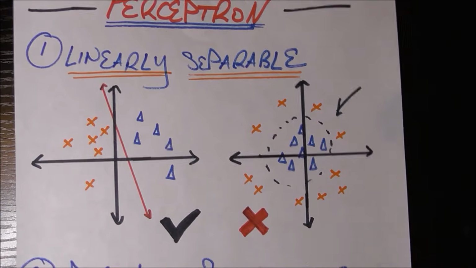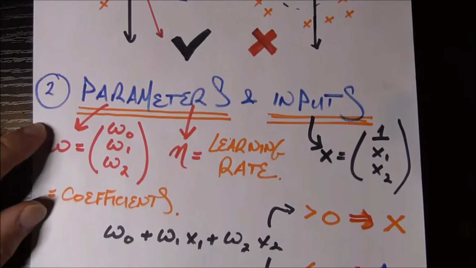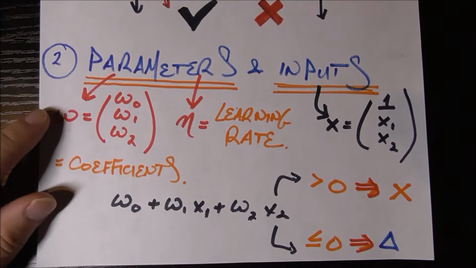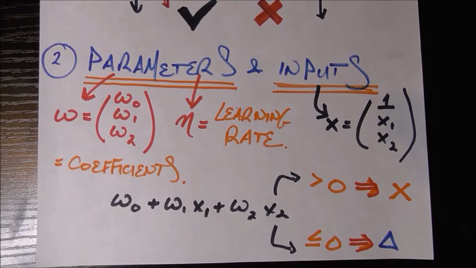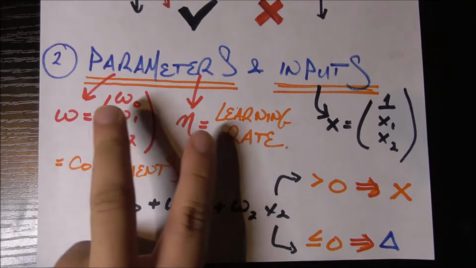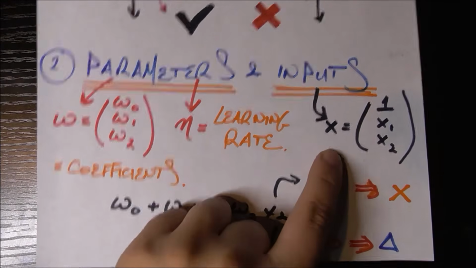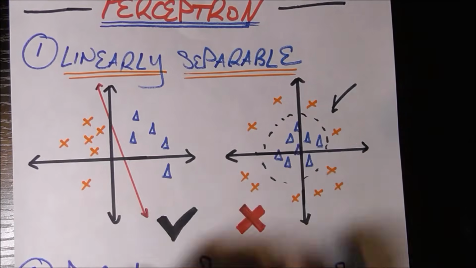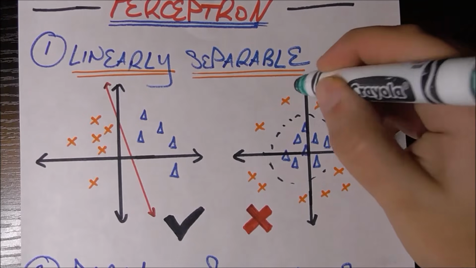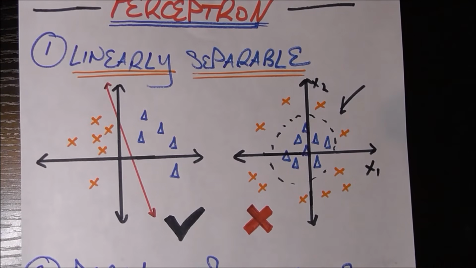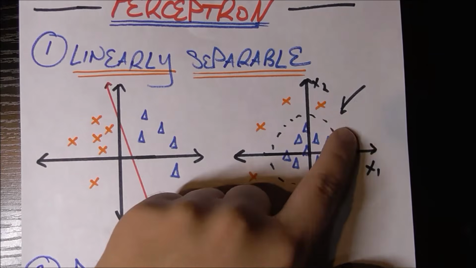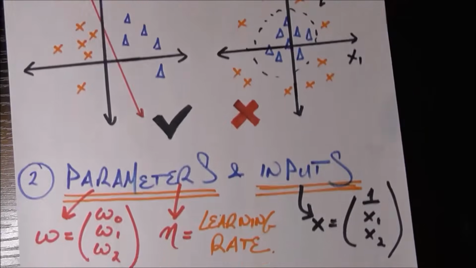So don't worry. The next thing we'll talk about are the parameters and inputs for the Perceptron. The good news is that there are only two parameters, and the input is, of course, x1 and x2. You can also think of it as x and y, but we'll call them the x1 and x2 coordinates of each point we're trying to identify.